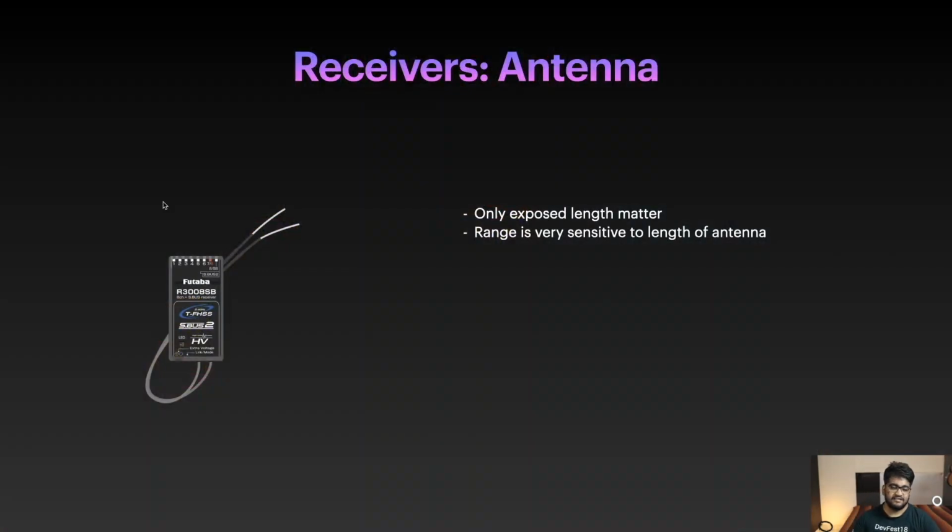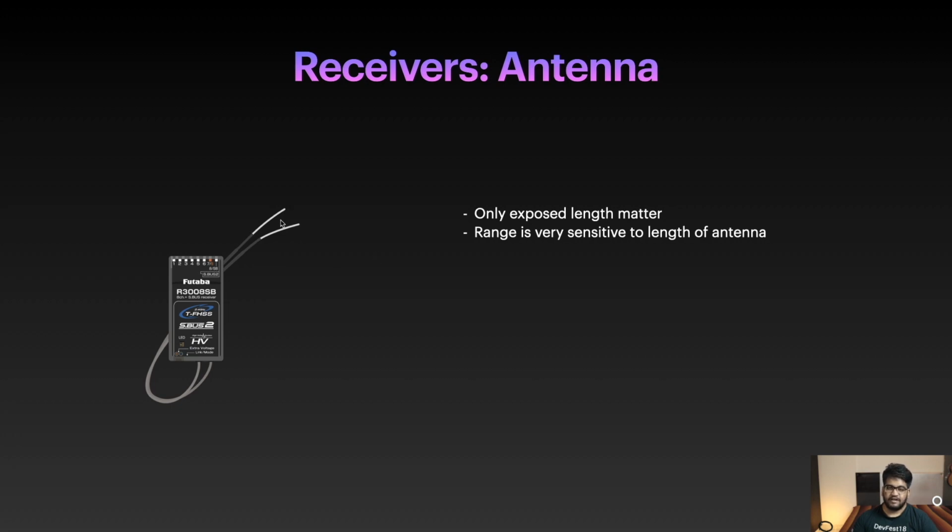I'll say that this is not a big antenna. You just need this small exposed length. It is also known as the active element of this antenna. So this is very small, you can see. Only this exposed length matters, and this length which is covered does not matter. This is just there to provide some extra length, so in case you crash your drone and the antenna breaks, you can peel off this length back and you get the active element back.